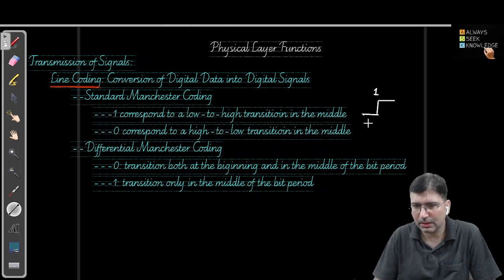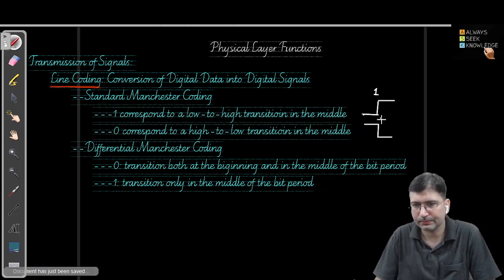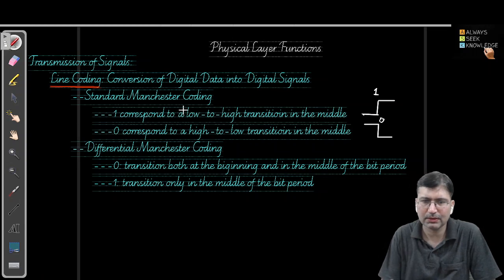So if a transition is happening high to low like this, then it will represent 0. This is normal standard Manchester encoding.